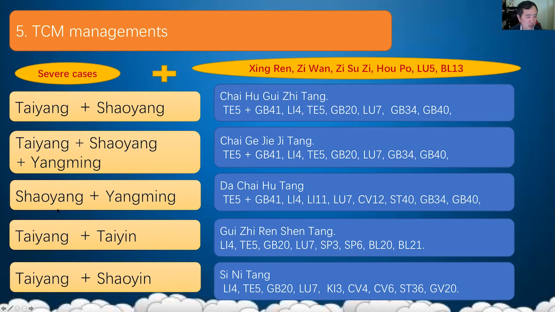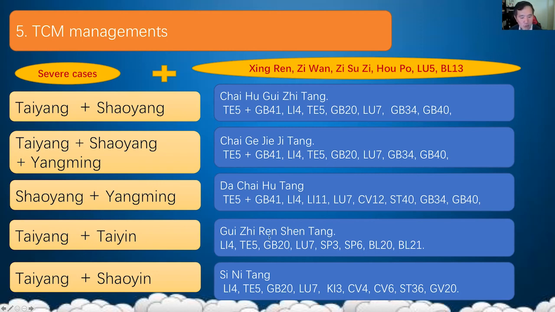Again, for example, for people who have Shaoyang and Yangming, we use Da Cai Hu Tang. Also, the points are different. At the stage of Taiyang and Taiyin, we can see Taiyang is there, and also the Spleen is there. People have mainly diarrhea, loose stool, poor appetite, swollen abdomen. So we have to care for these two channels at the same moment.